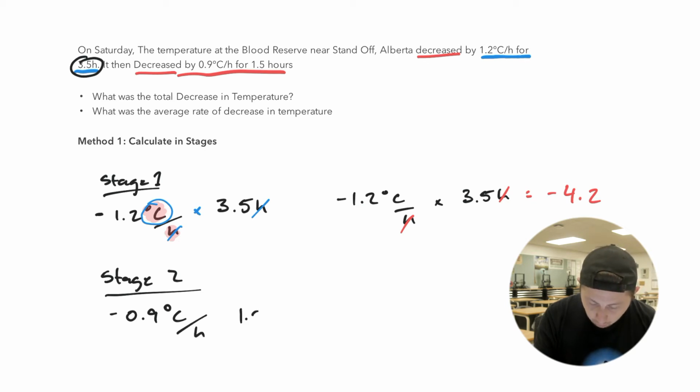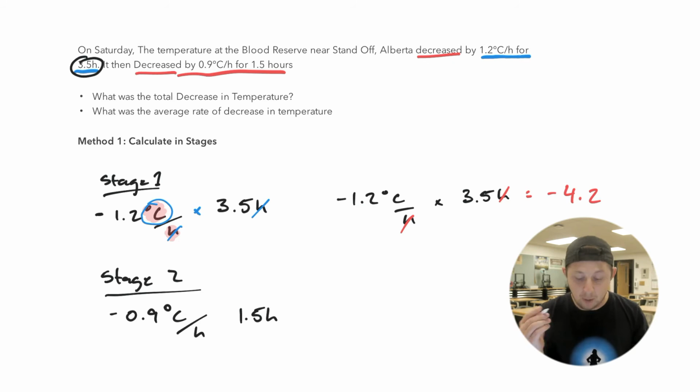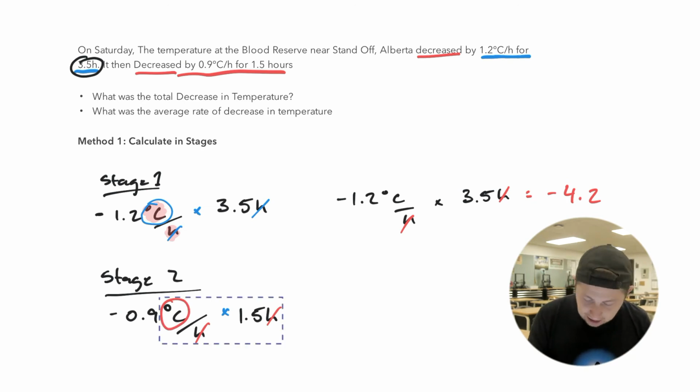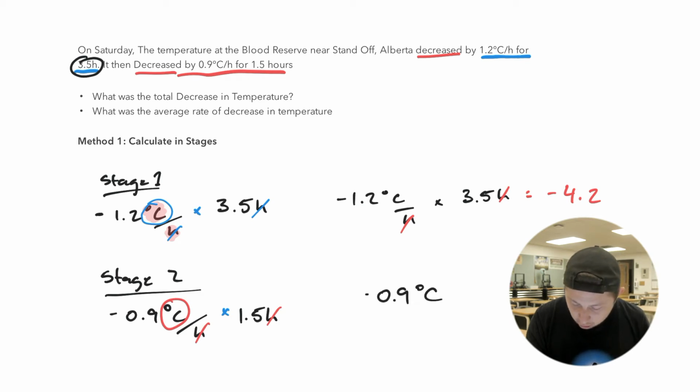for 1.5 hours. Again, I want to know the temperature change, so I'm just interested in degrees Celsius. I'm going to multiply these two together and watch my hours and hours cancel each other out until I'm left with just degrees Celsius. So we've got negative 0.9 degrees Celsius per hour times 1.5 hours.